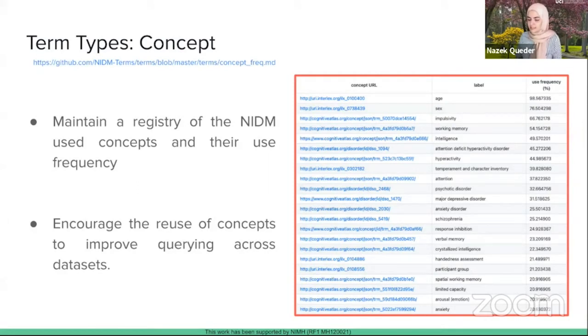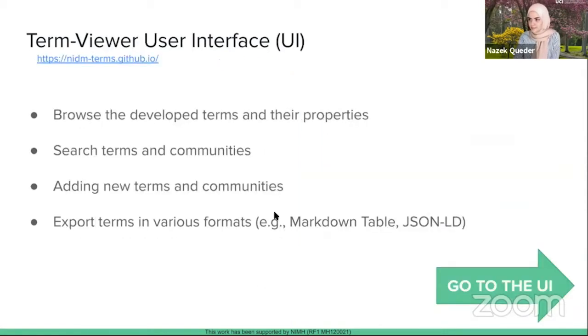We annotated data sets like the Open Neuro data sets, Abide ADHD 200, and we maintained a registry of the used concepts with the use frequency, and we are encouraging researchers to use those concepts when they're annotating their own data sets to improve the querying across data sets.